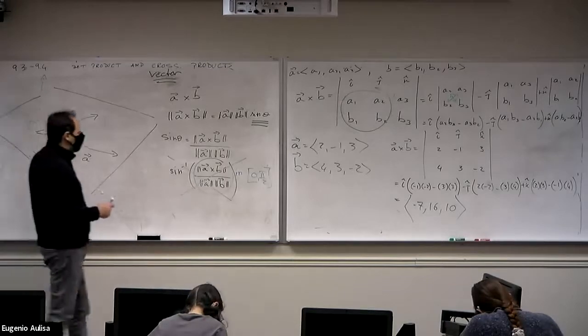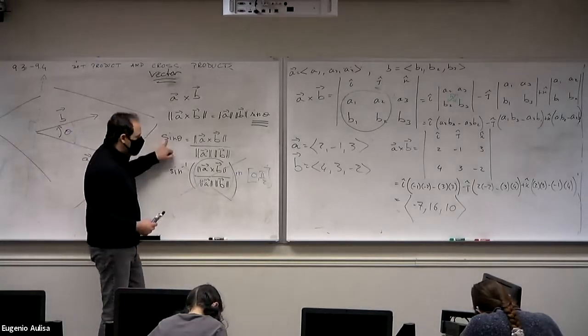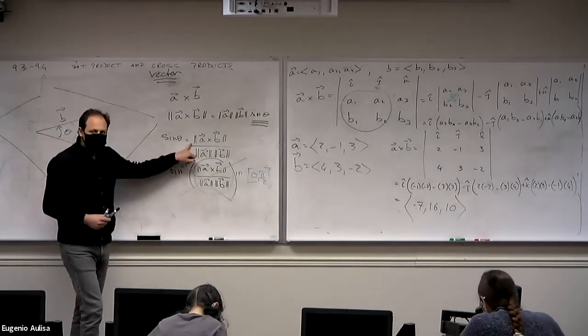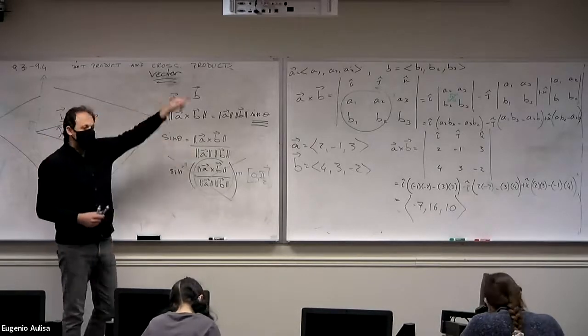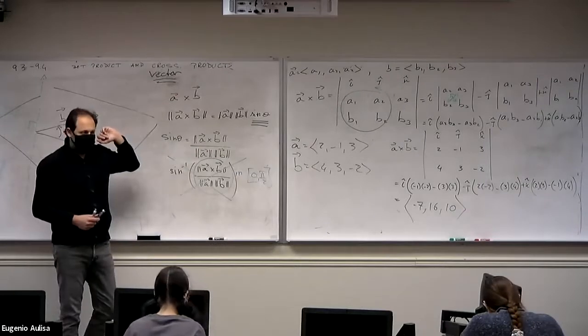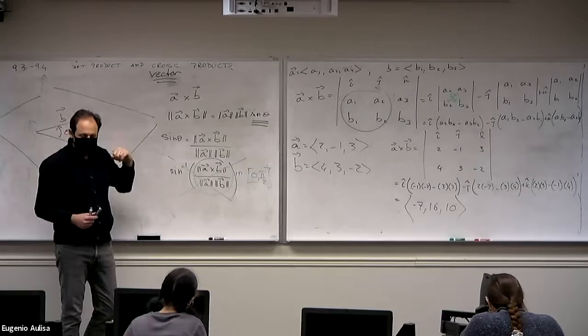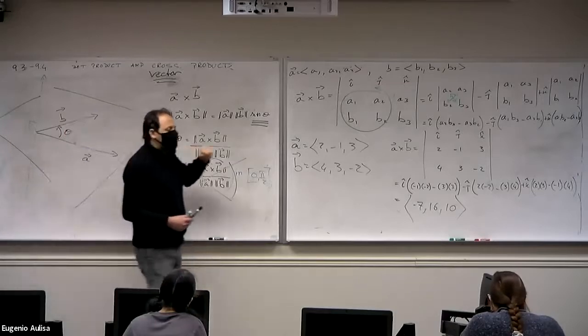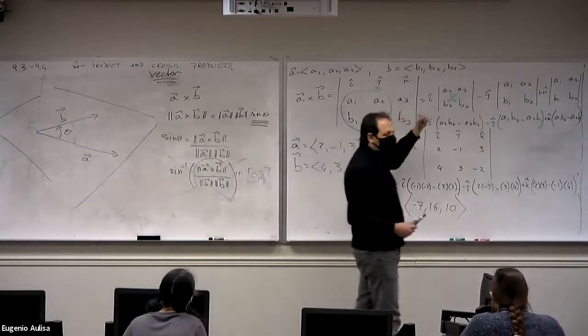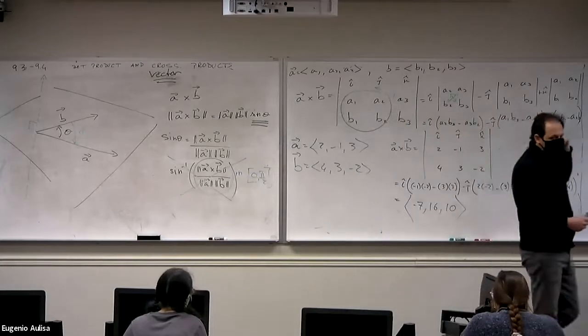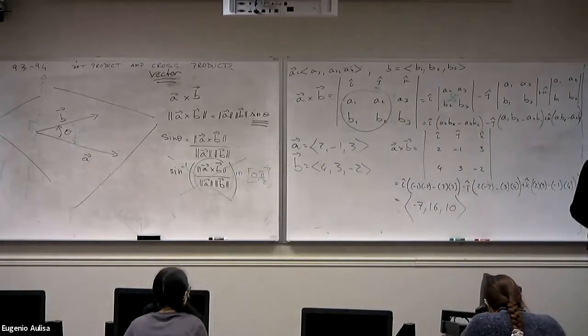So be very careful. If I ask you to get the sine, this is good. If I ask you to get the cosine, you use the dot product. If I'm asking you to get the angle, you always use the dot product, and from the dot product, you get the cosine inverse. Okay?